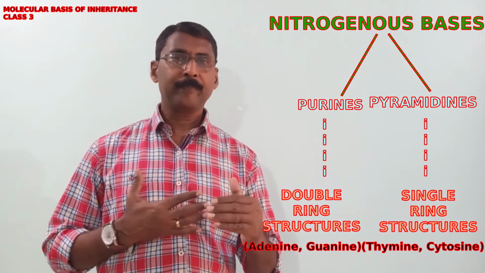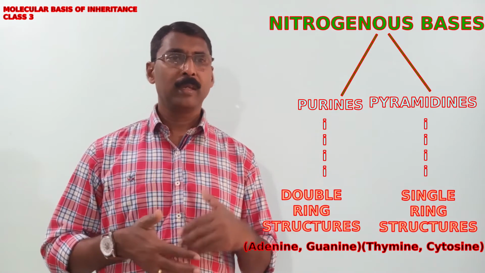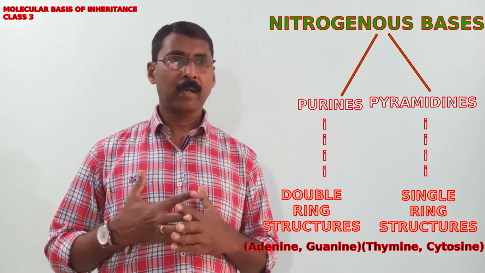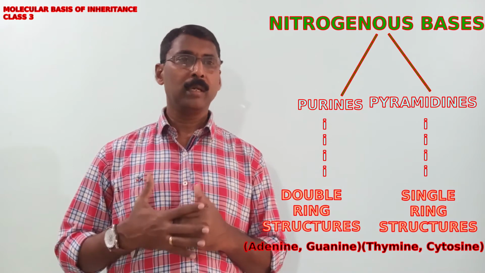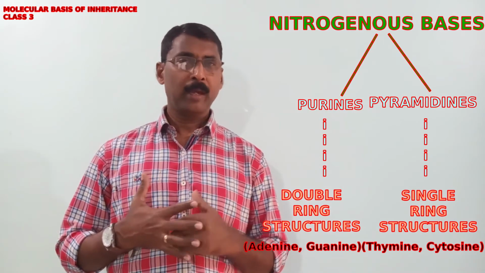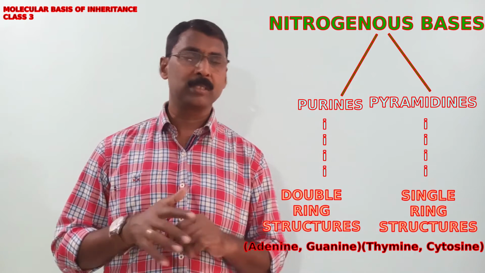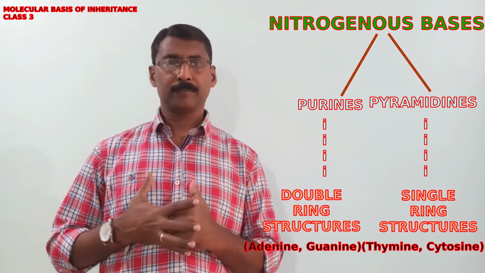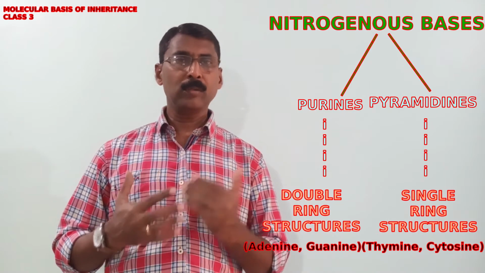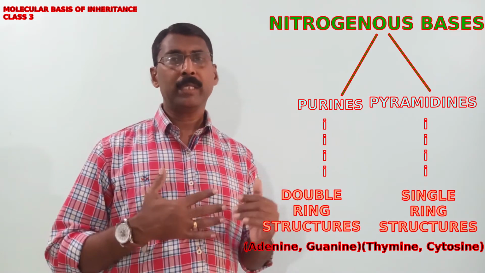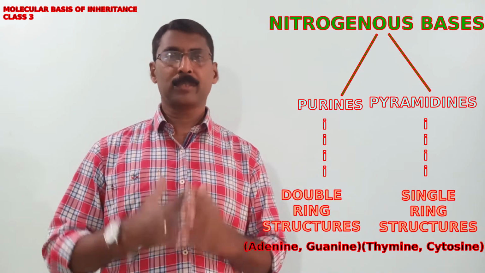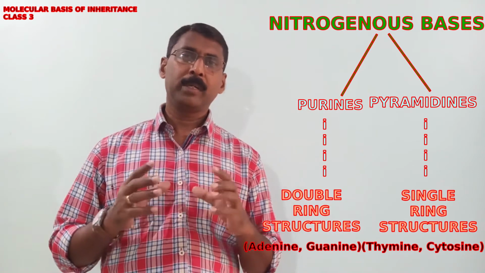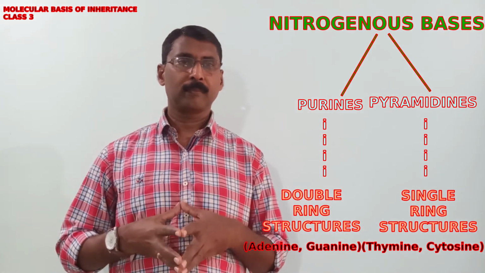The purine nitrogen bases are adenine and guanine. The pyrimidine bases are single ring structures: thymine and cytosine. So adenine and guanine are purines, and thymine and cytosine are pyrimidines. These are the four nitrogen bases coming under two categories.